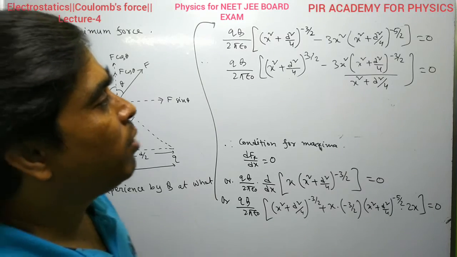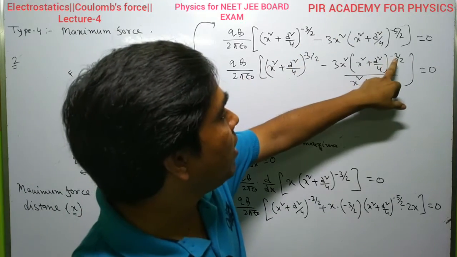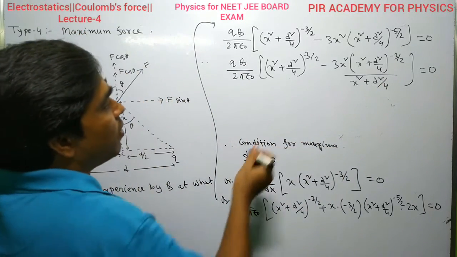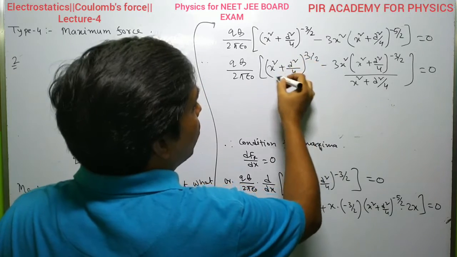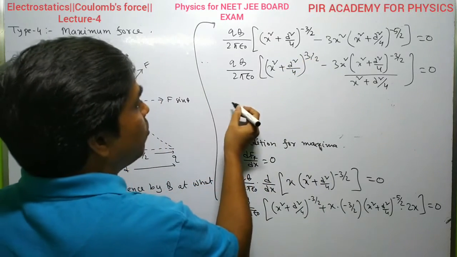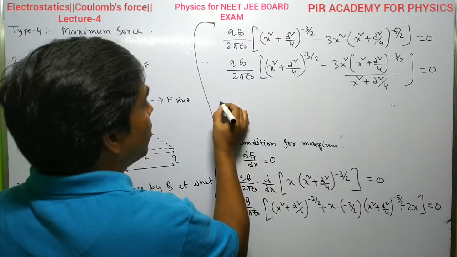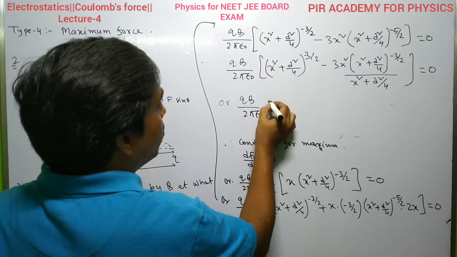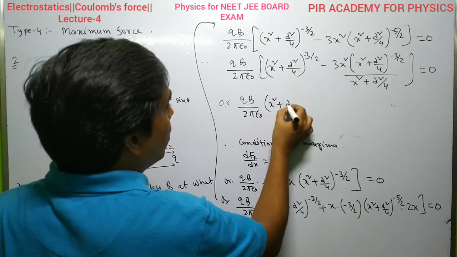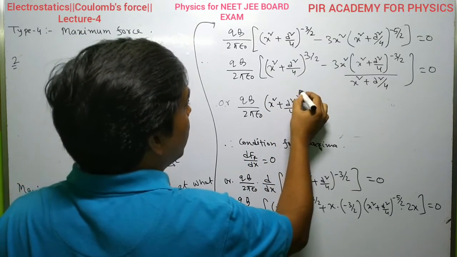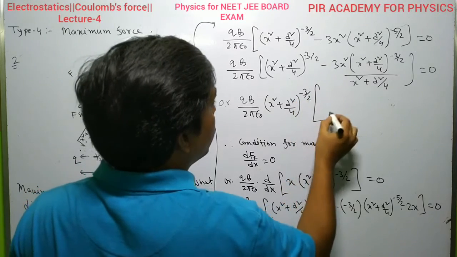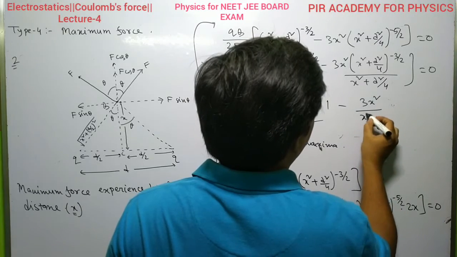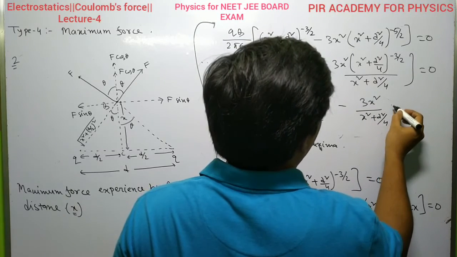This minus 5 by 2 is divided by minus 3 by 2 in (x square plus d square by 4). So if I take this term common, then it will be q by 2 pi epsilon naught (x square plus d square by 4) to the power minus 3 by 2, into 1 minus 3x square by (x square plus d square by 4).